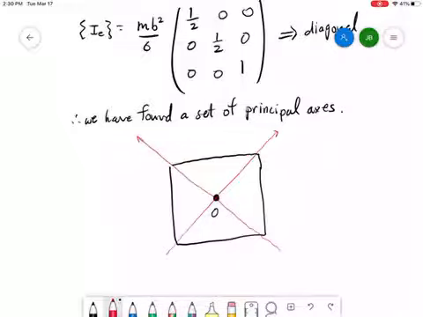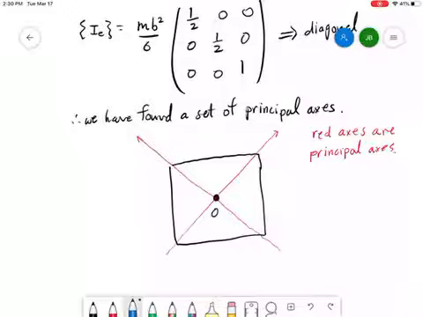There's one out of the page as well. So the red axes are principal axes. They must be, because we've just written down the inertia tensor for this set of axes with origin O, and it's diagonal.